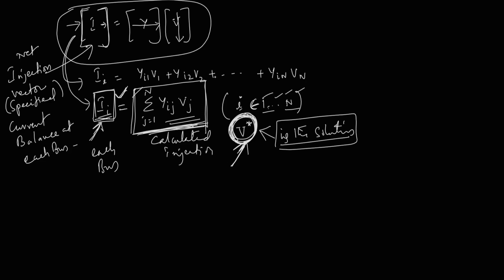Okay, right. But see, I have said the network solution can be found through various methods given an injection vector I. But in practice, measuring the current injection vector is very difficult because it has the current magnitude as well as the angles.